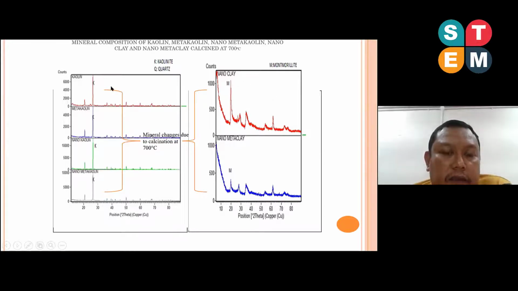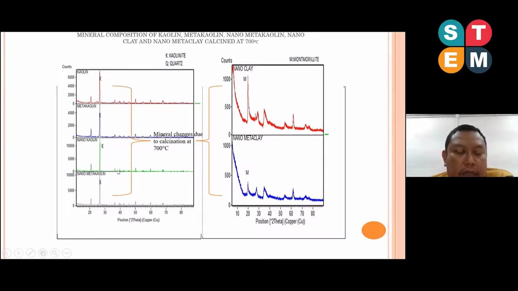From this XRD peak, we can see that the transformation from microparticles, which are kaolin and metakaolin, into nanoparticles, which are nanokaolin and nanometakaolin, with the inclusion of the calcination process also improves the silica, where the SiO2 peak around 27 to 28 2 theta is more than 10,000 compared to kaolin around 4,000 to 6,000. Okay, so there is a double increment of silica oxide due to the calcination itself.